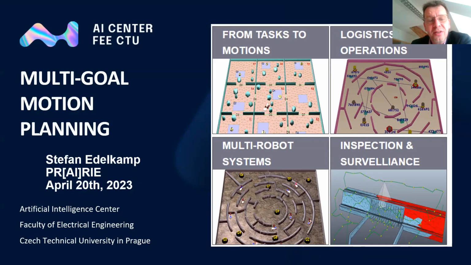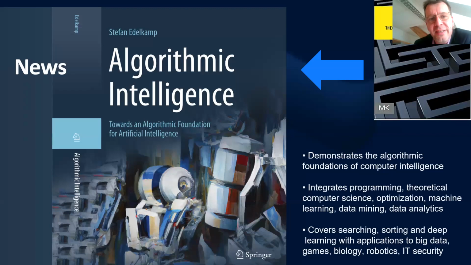So what I want to talk about is multi-goal motion planning, but the news also is that I have just submitted a PDF to Springer, and this is a bigger scope than my first book on heuristic search, which is like the A-star algorithm.